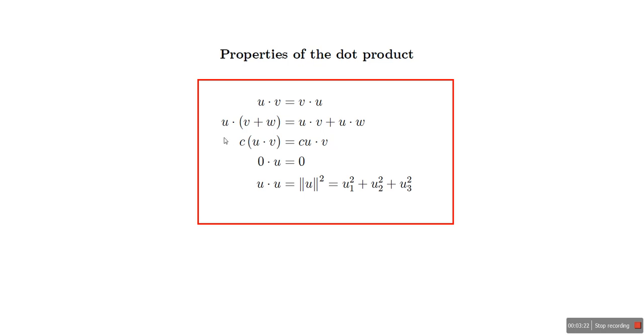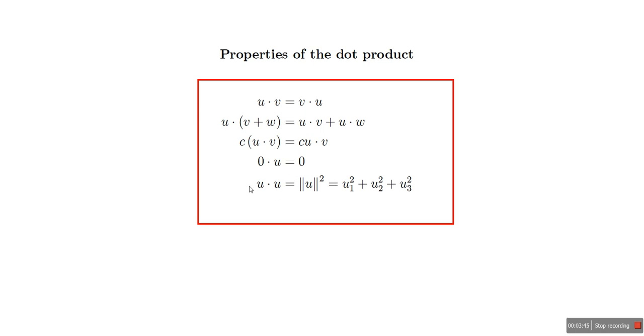And for c a real number, (c times u) dot v is c times (u dot v). The zero vector dotted with any vector u is equal to the scalar 0.